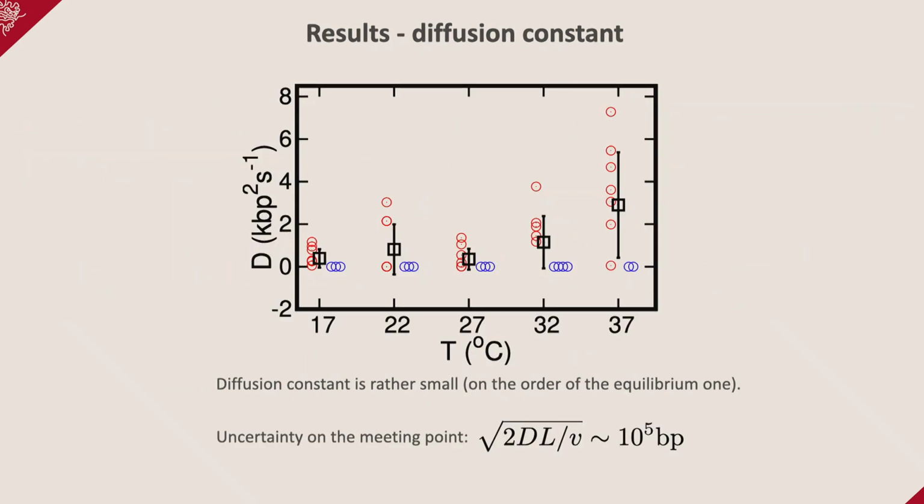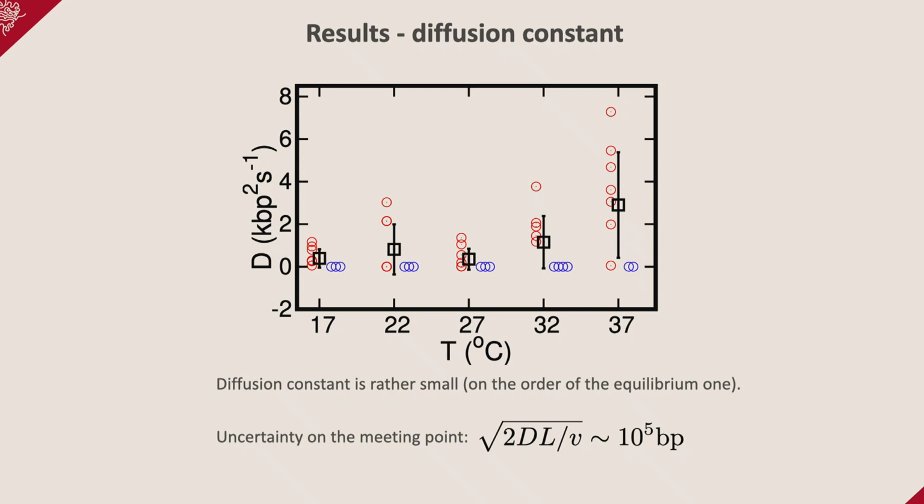Okay, so the last thing I want to show you is the results for the diffusion constant. The diffusion constant happens to be small. In fact, in a few of our experiments, this is compatible with 0, in the sense that the information criterion tells us that we are not justified in adding the diffusion constant as a parameter. But for many other cases, we get finite fits, in fact, for the majority of cases. And we get values on the order of 1 kilobase squared per second, which is quite small.